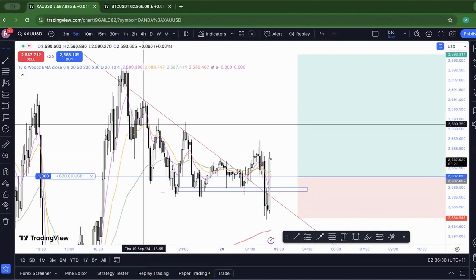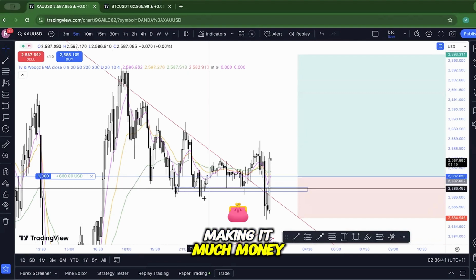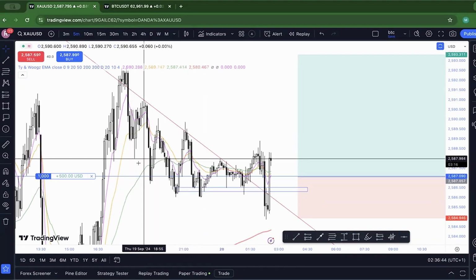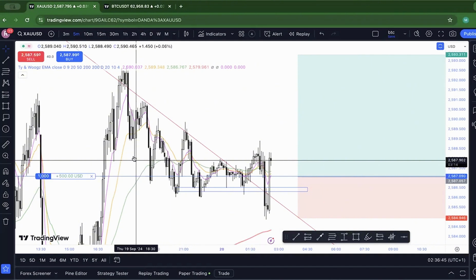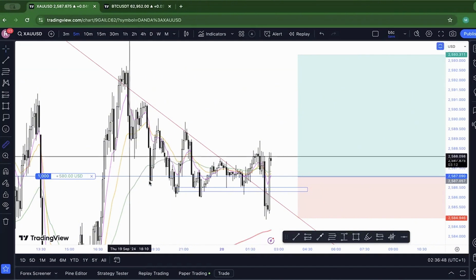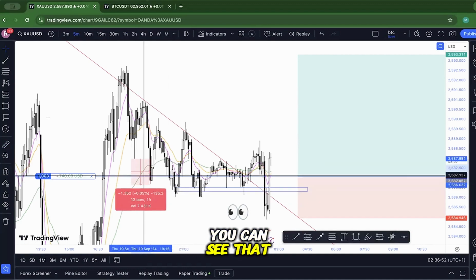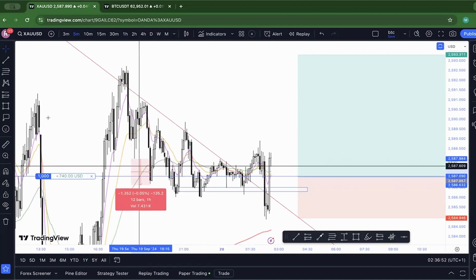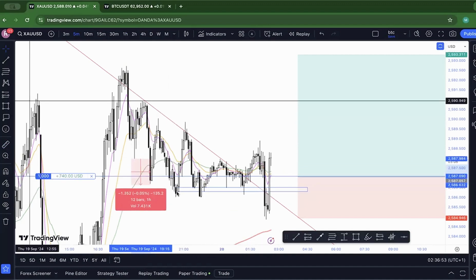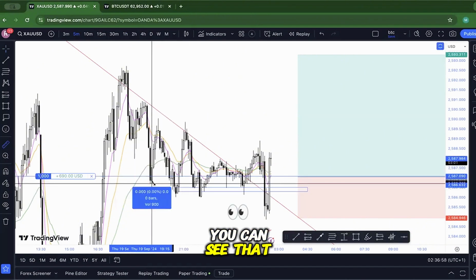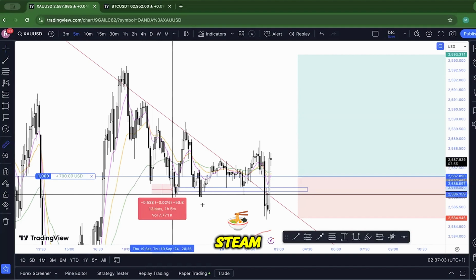But the sellers are not making as much money on the moves down anymore. From there to there, you could see that the sellers made a little bit of money. And once it got down from here to here, you could see that the sellers were losing steam.